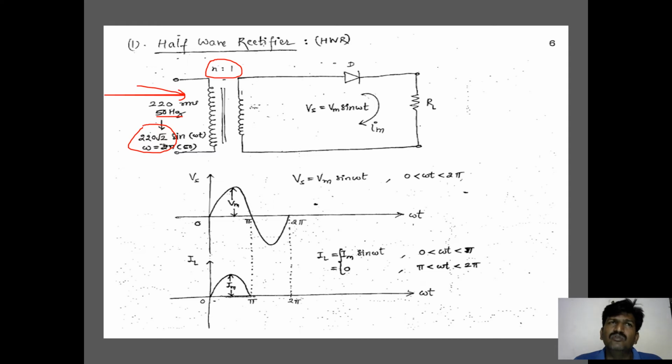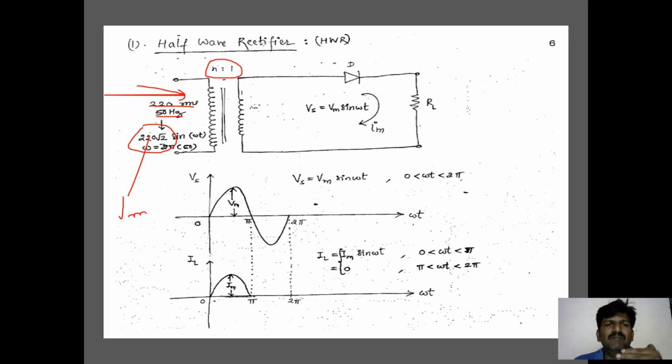You know that RMS is equal to Vm by root 2, so Vm is equal to RMS into root 2. The notation given is 220 RMS, so the peak voltage is 220 into root 2. It is the Vm, the peak value.